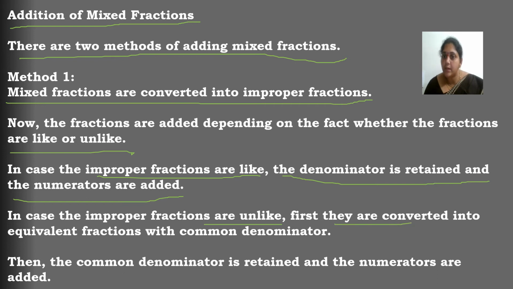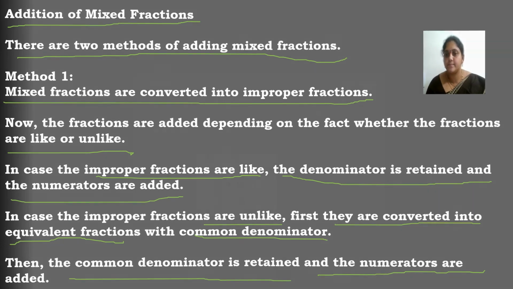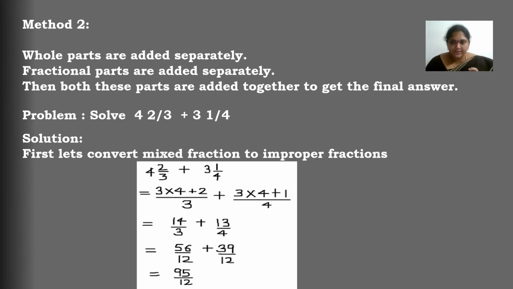First, you have to convert them into equivalent fractions with a common denominator. You have to convert unlike fractions to a common denominator, that is, like fractions. Then the common denominator is retained and the numerators are added. We have seen our first method.